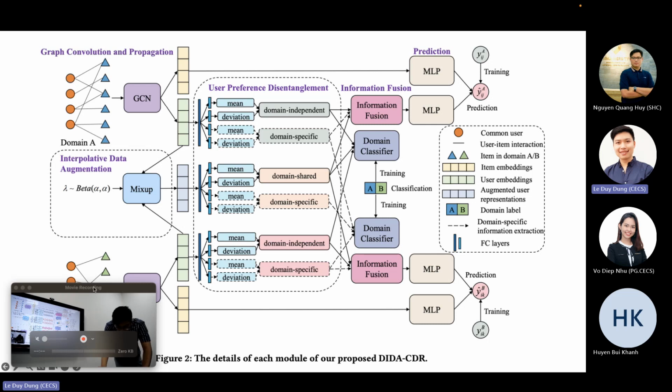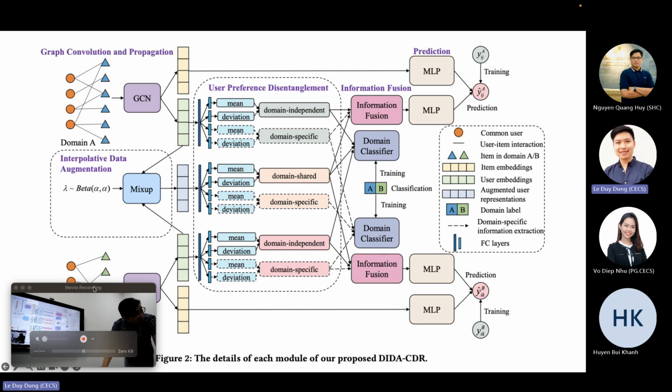In the paper, in section 3.2, the user preference disentanglement, they say they propose a disentanglement model guided by a domain classifier to decouple more accurate domain specific and domain independent preferences.